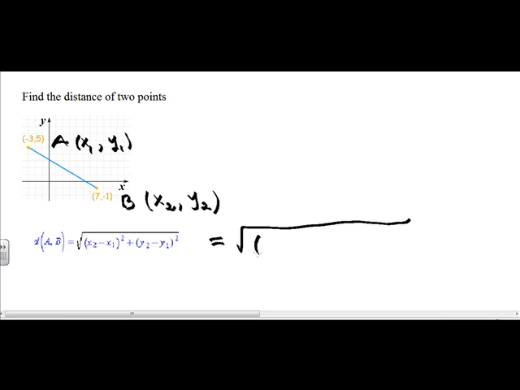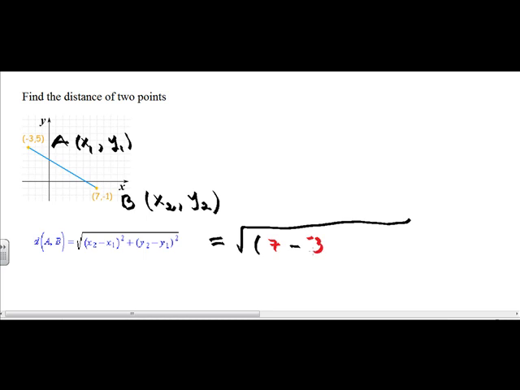So I have x2. x2 is 7. I want to use a different formula, you can see. Then minus, this formula here is minus x1. x1 is minus 3.